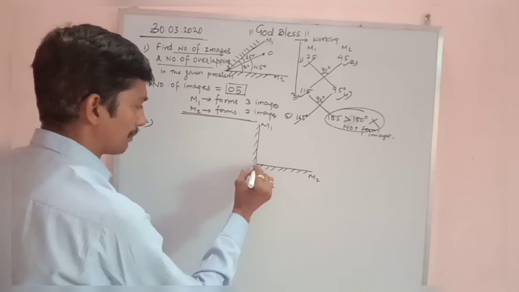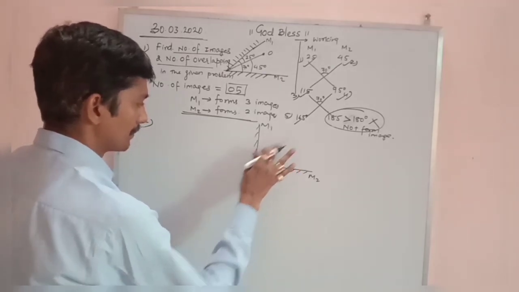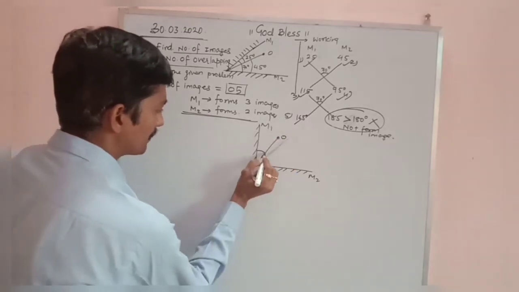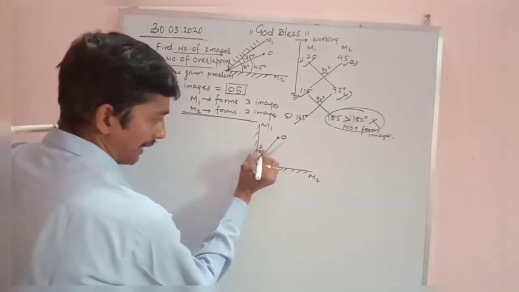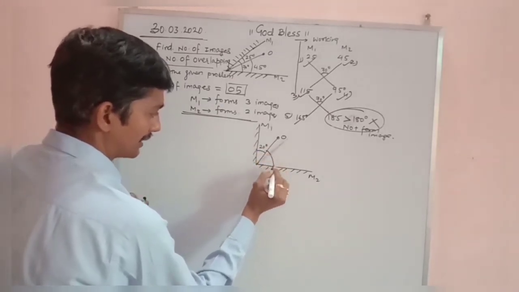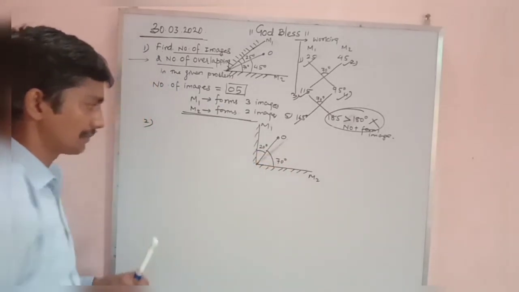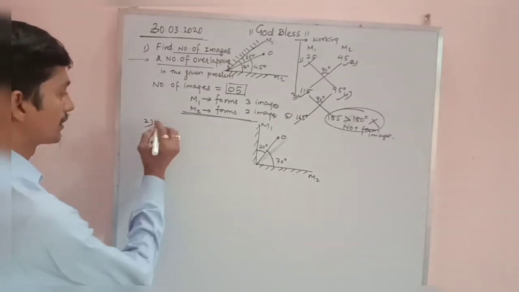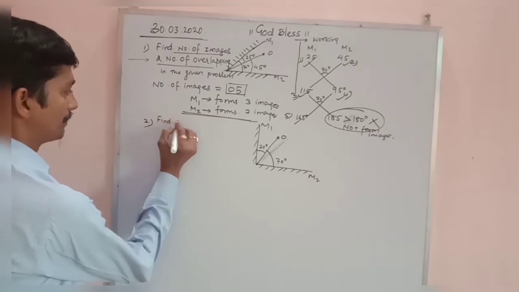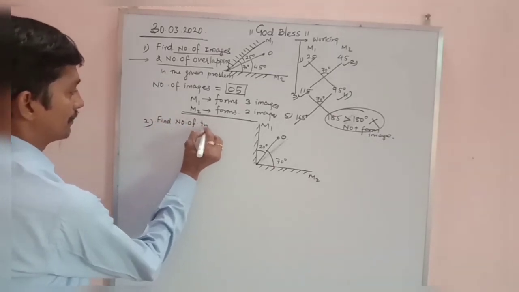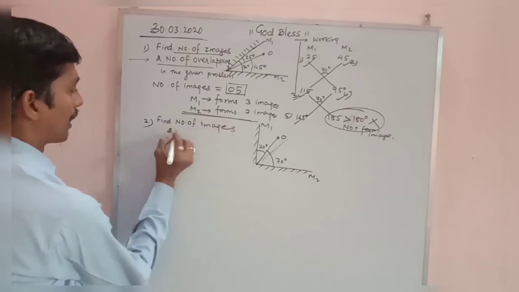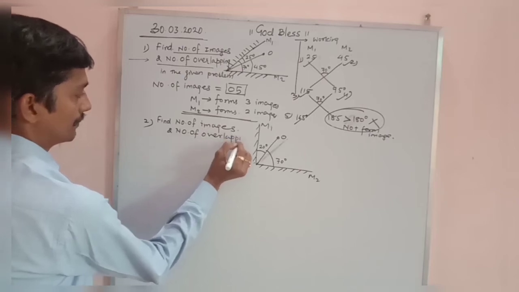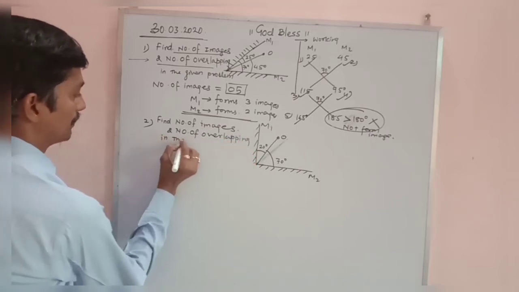Let the object be here, making say 20 degree here and 70 degree here. 20 and 70. The question is: find the number of images and the number of overlapping in the given problem.